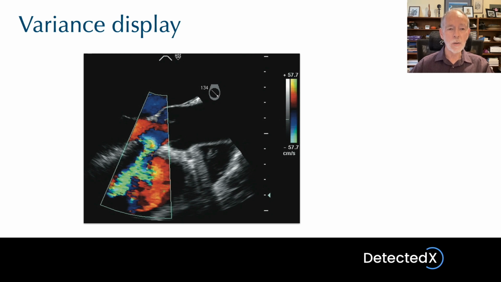This only occurs in the presence of pathology. So it's a very good indicator of severely abnormal flow caused by the presence of disease. This is not normally turned on, except in echocardiography, where it has this particular role of highlighting areas of disturbed and turbulent flow.